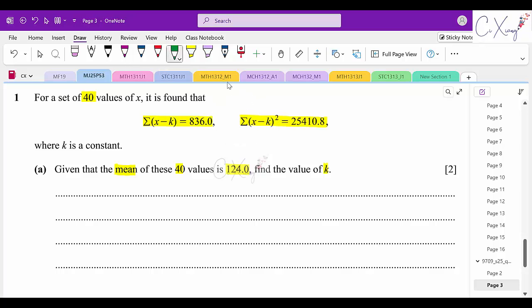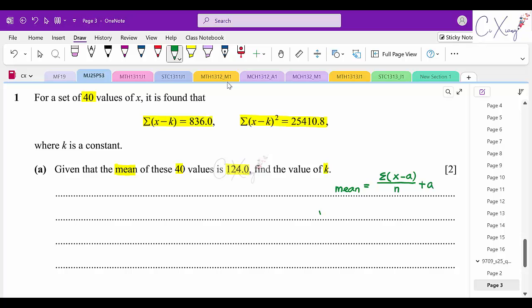When we have this kind of coding data and want to find the mean and also the variance, there's a formula that you need to follow. To get the original mean for x from the coding data, it is the summation of x minus a divided by n. You need to add back the a so that you get the original mean.